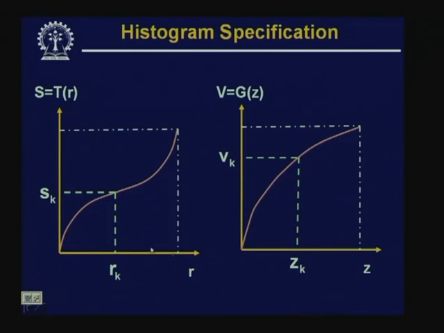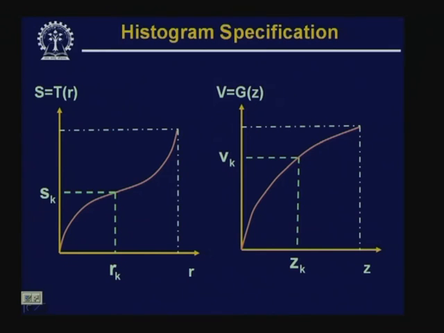Here we have shown the same formulations graphically. On the left hand side, we have the transformation function s equal to T(r), obtained from the histogram of the given image. On the right hand side, we have the transformation function v equal to G(z), obtained from the target histogram that is specified.